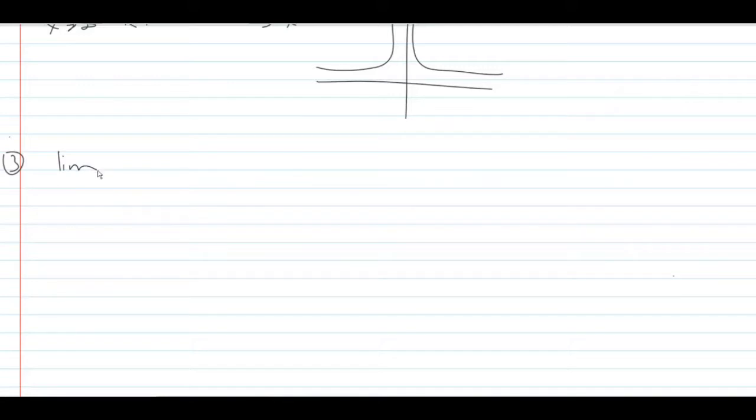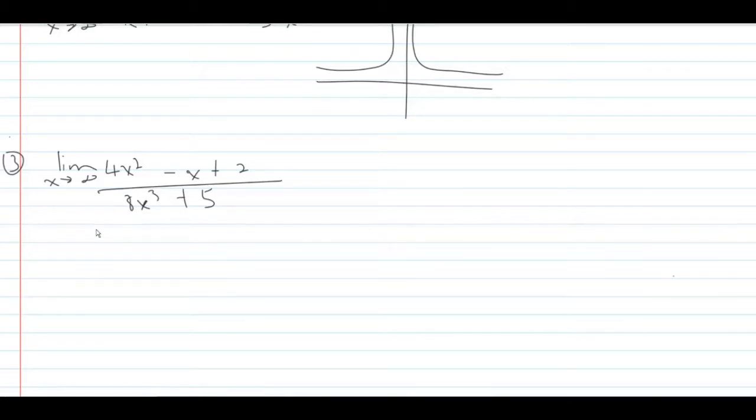Say we have the limit of 4x squared minus x plus 2 over 8x cubed plus 5, and this is as x approaches infinity. This is our question. Right away, we see if we plug in infinity, we would have infinity over infinity, which is indeterminate.